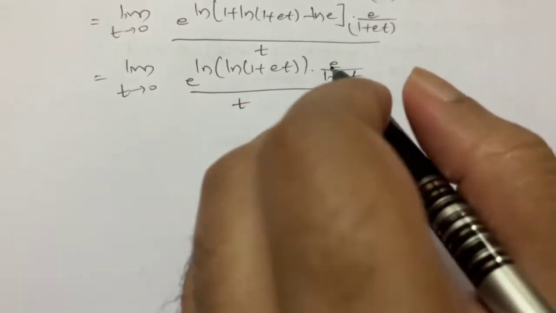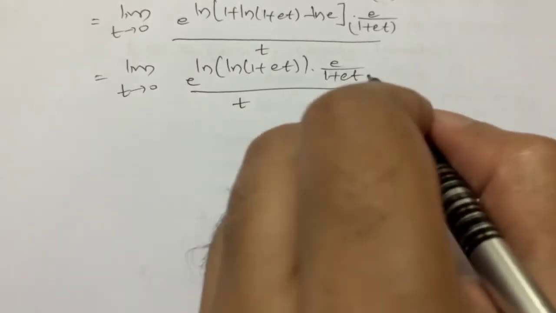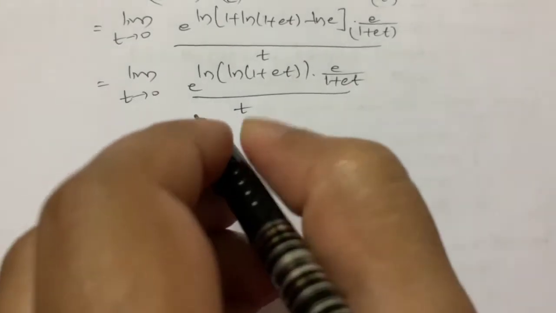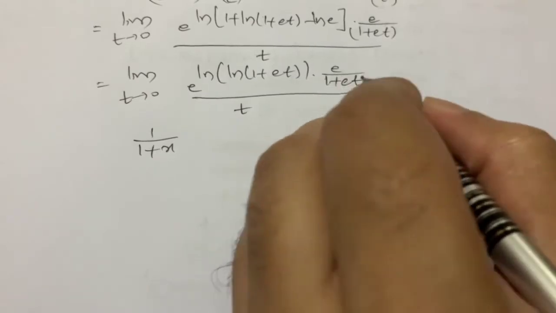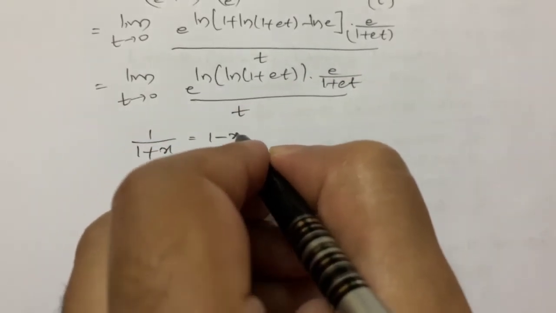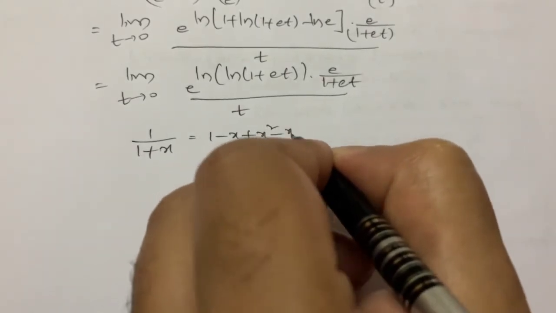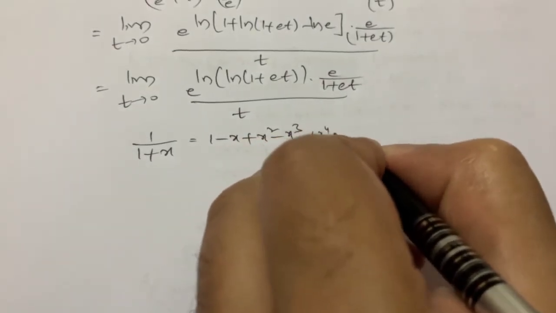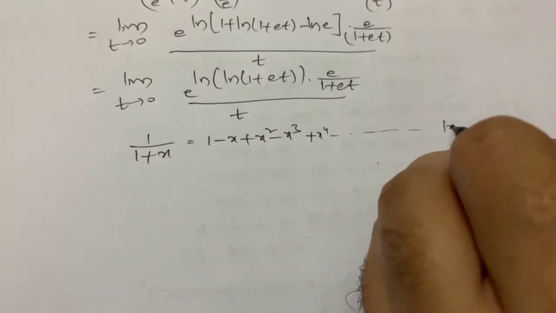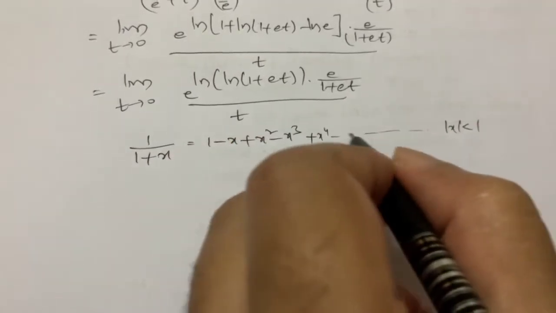If you see this, it is of the form 1/(1 + x). So 1/(1 + x) is 1 − x + x² − x³ + x⁴ and so on, if |x| is less than 1, using the geometric progression.